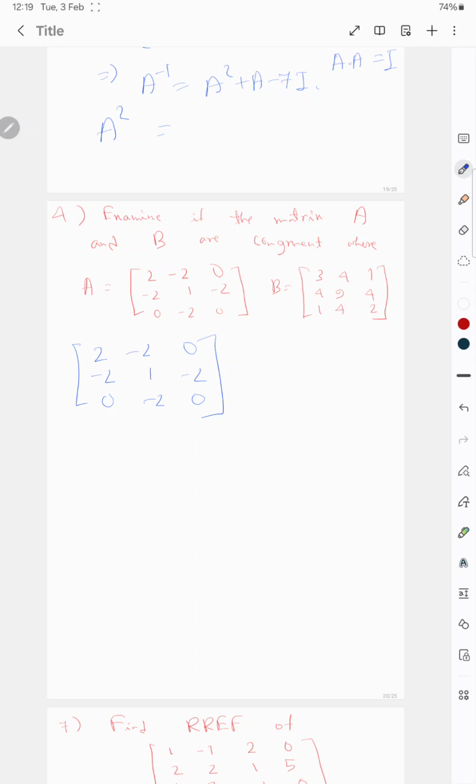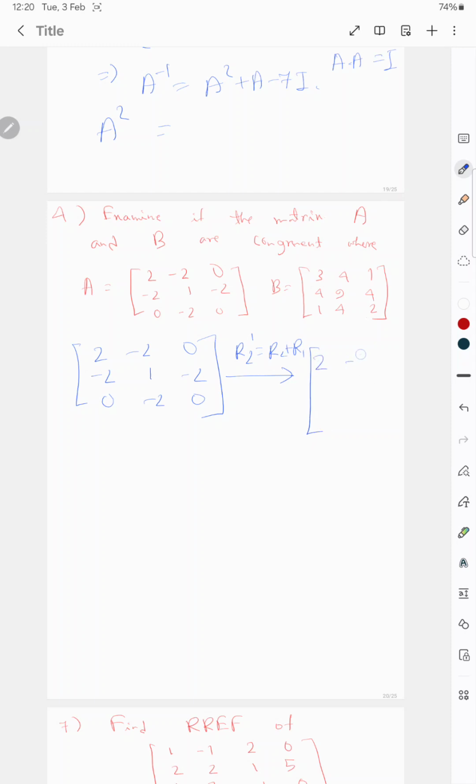Okay, now from there you have to use some operation. So what operation do you expect for the equivalent type of form? First you have to make this 0, right? So basically you have to do r2 dash equal to r2 plus r1. If you do this, the same thing you have to do for the column also.